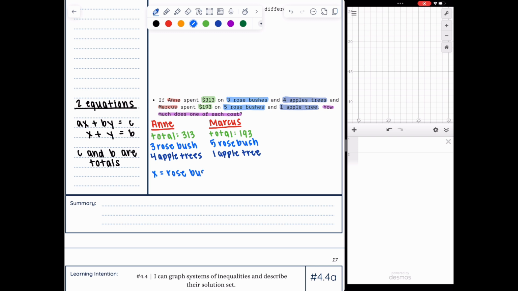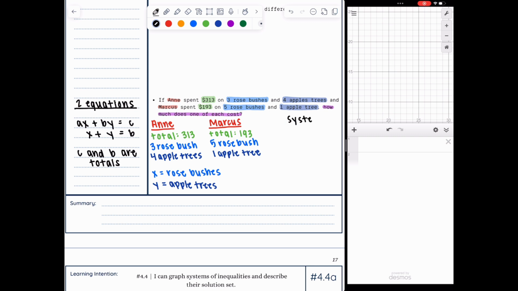So since it came first, I'm going to say that every time you see a rose bush or a number of rose bushes, that's going to be the letter X. And then Y is going to be for my apple trees. So Desmos likes the letters X and Y. Make sure that you're using X and Y. You don't have to start out that way, but when you type it into Desmos, it does need to be X and Y.